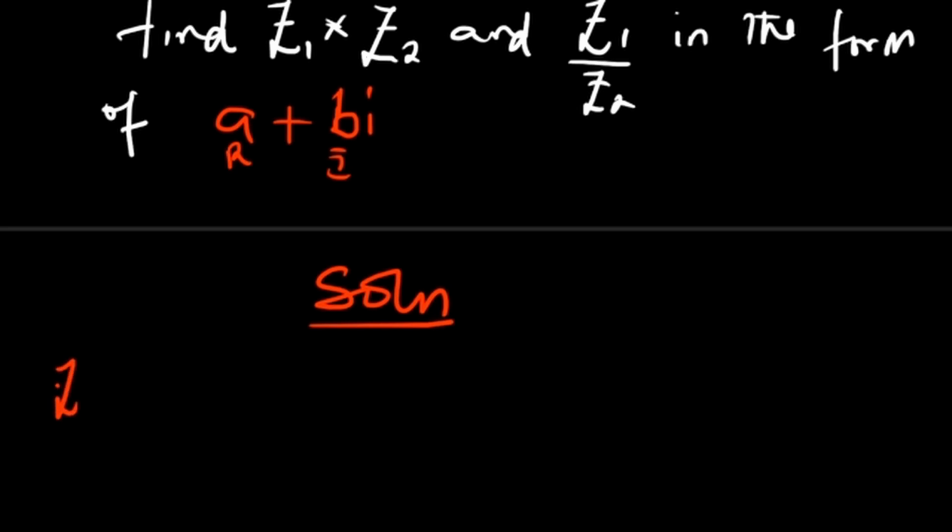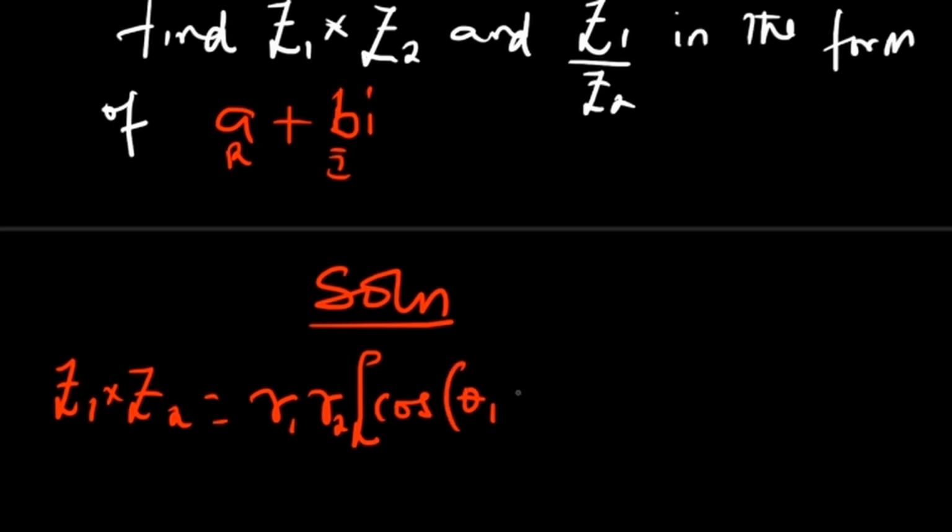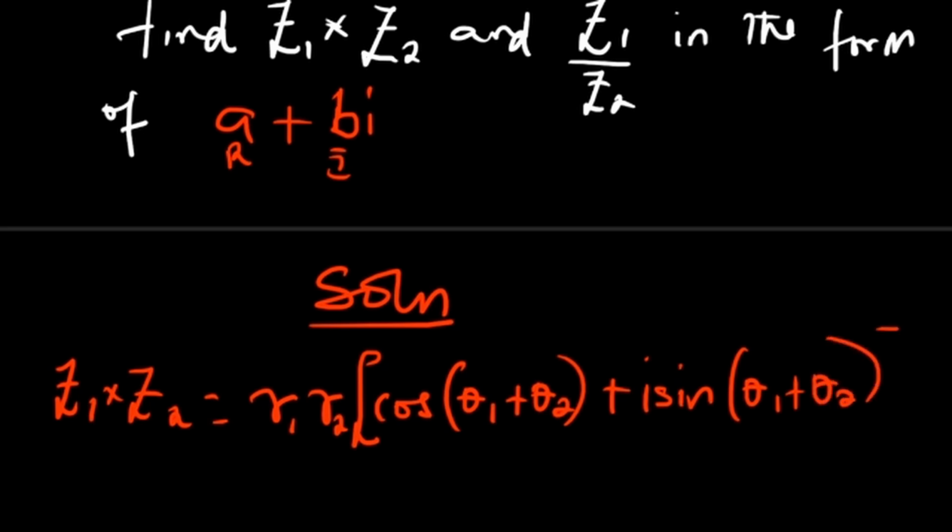The formula is z1 times z2 is equal to r1 r2 multiplied by cos of theta 1 plus theta 2, plus i sine of theta 1 plus theta 2. So this is the formula for multiplying two complex numbers in polar form.